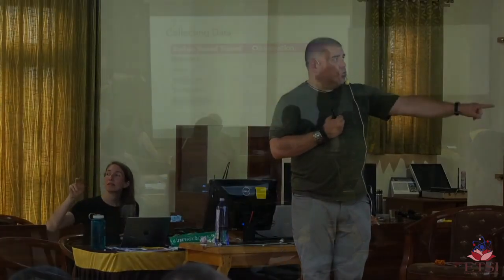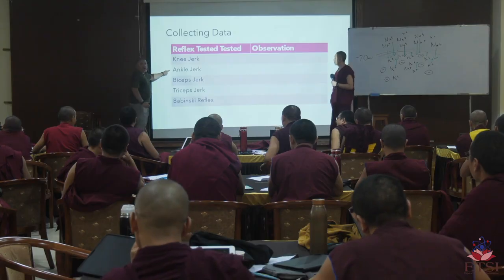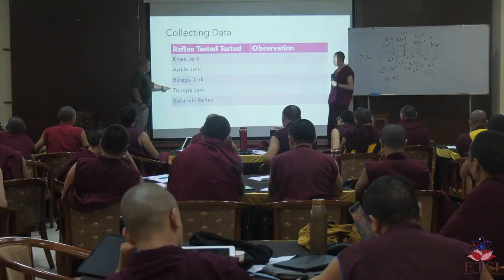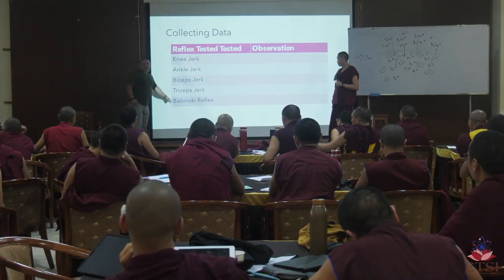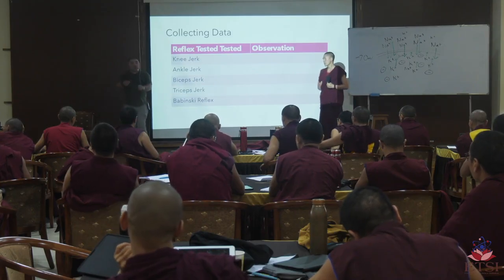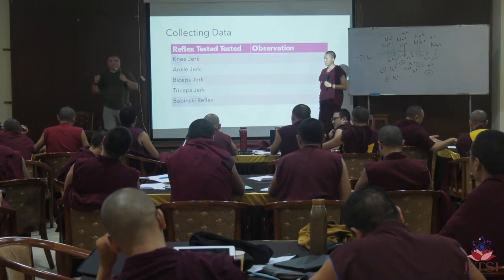You're going to use this chart. You have the knee jerk, ankle jerk, biceps jerk, triceps jerk, the Babinski reflex, the last one. Everybody should do it to somebody, and everybody should experience it.